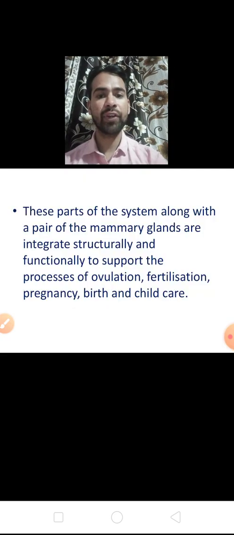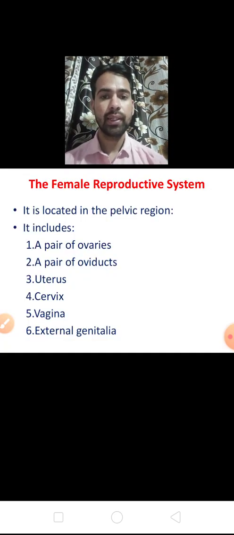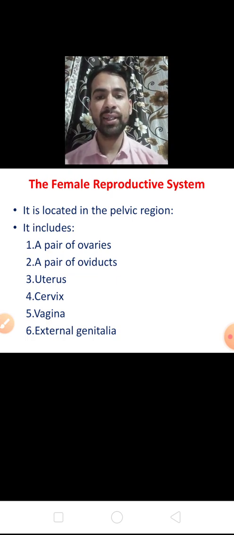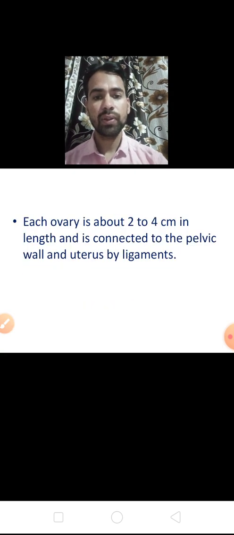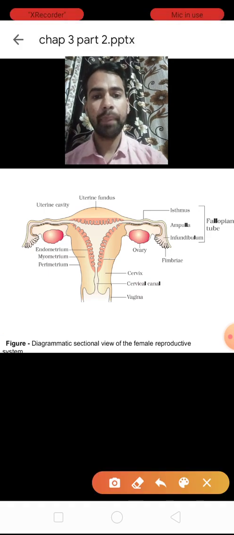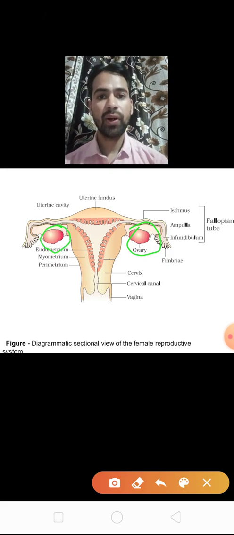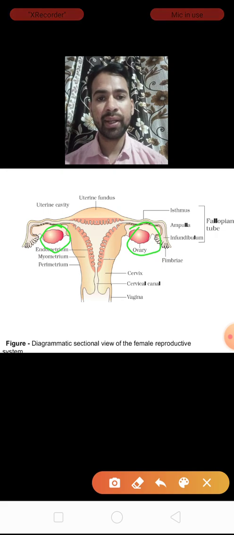I'm showing it once again in front of you: a pair of ovaries, a pair of oviducts, uterus, cervix, vagina, and external genitalia. In the picture we'll do a quick recap of what we have discussed. In the female reproductive system, a pair of ovaries is there, one on each side of the abdominal cavity.